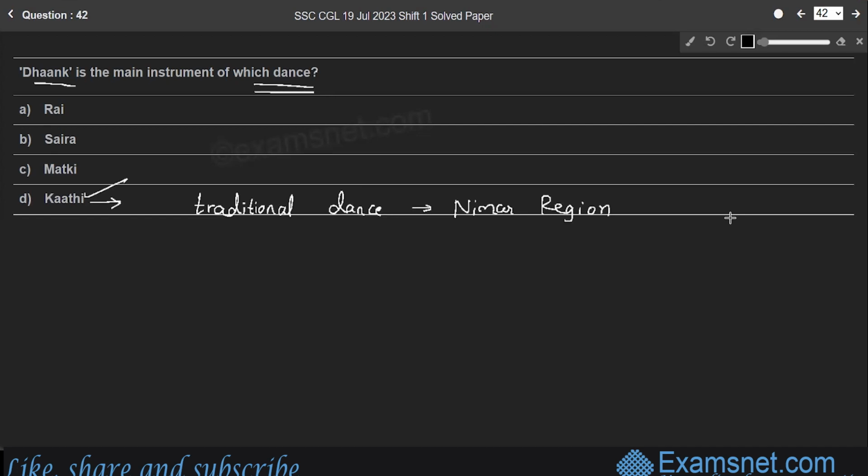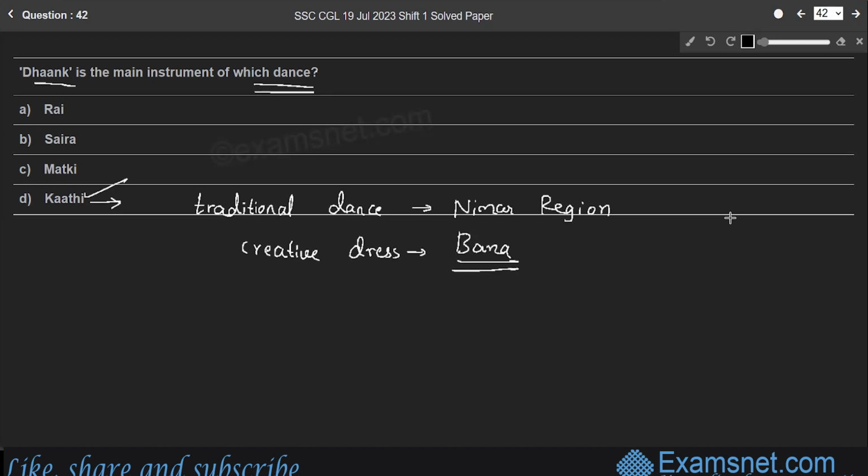During the occasion of Shivaratri, it is performed throughout the whole day. The musical instrument used in this dance form is dhank. Both males and females perform this dance wearing a special costume called bana.